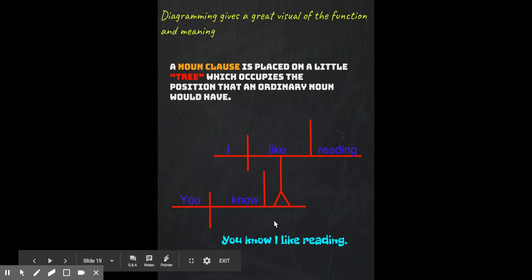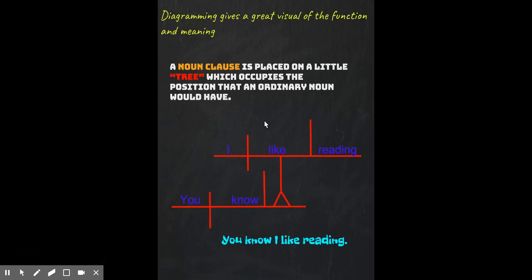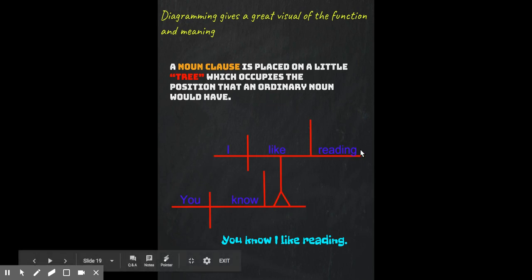Now notice the unstated that is not in there, but it makes sense, right? You know that I like reading. Okay, so you is our subject, know is our verb, and what do we know? We know this whole unit, that I like reading. So that is our noun clause.